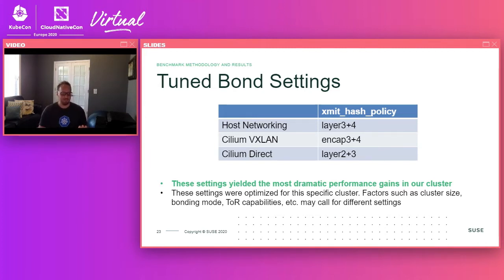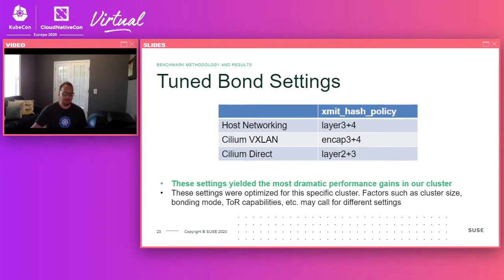Now, let me just preface this by saying these are the settings that yielded the most dramatic performance gains in our cluster. So for host networking, Cilium with VXLAN, and Cilium with direct mode, these are the configurations that we tested with the tuned hash policy. We had to tune them a little differently because they have different characteristics in the way that they set up the data path.